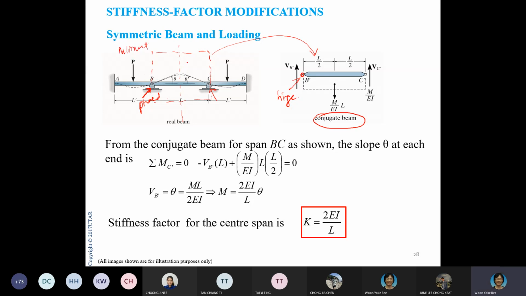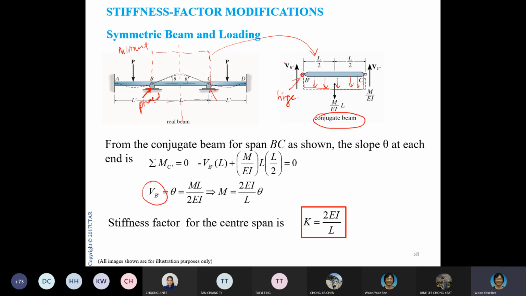The moment here you found is like that. It is negative. So you divide this moment by EI, right? Your moment was actually ML, so you divide by EI and get ML over EI.